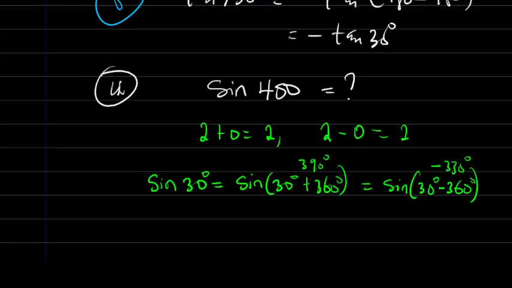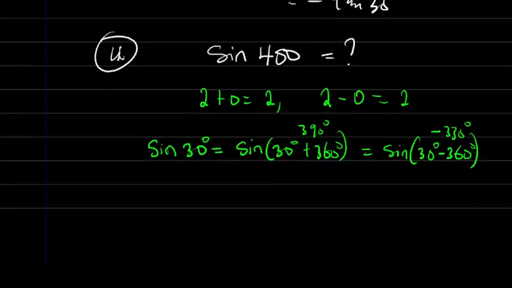So you can press sine 390 degrees and sine minus 330 degrees on your calculator, and you will see that you still have the same answer as sine 30 degrees. If that concept is well understood, how are we now going to solve sine 400?